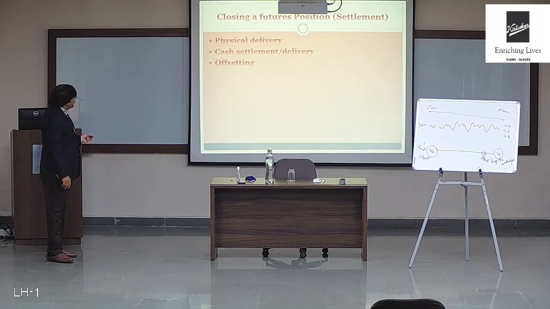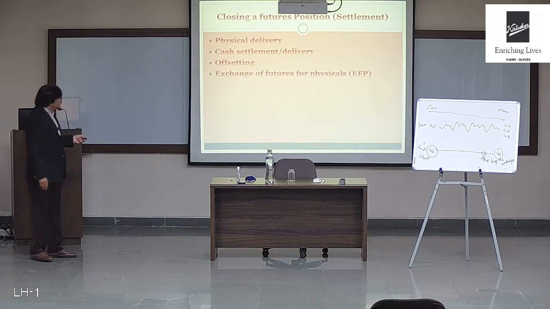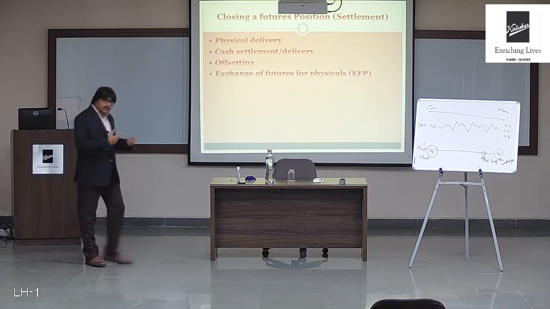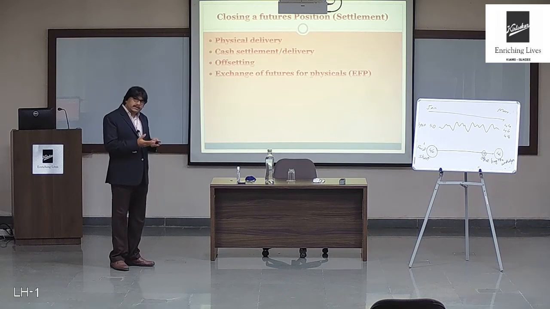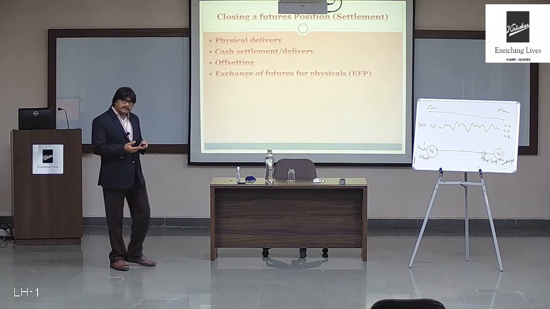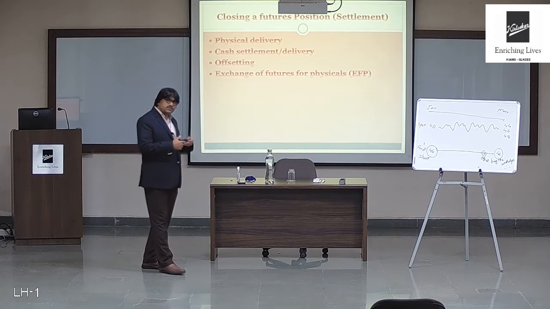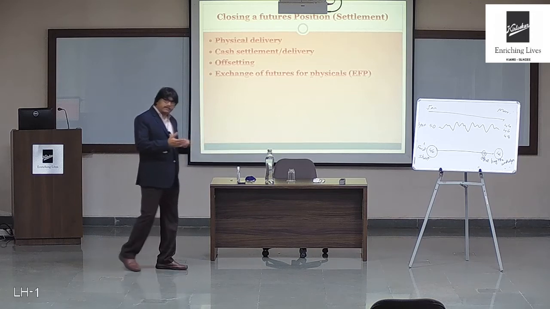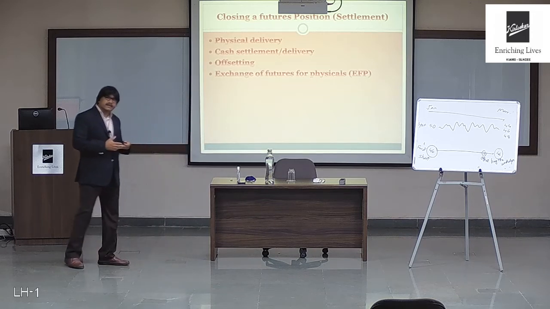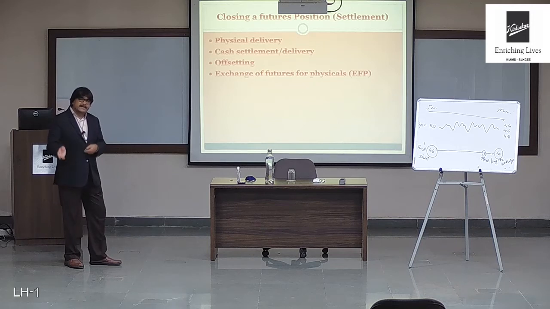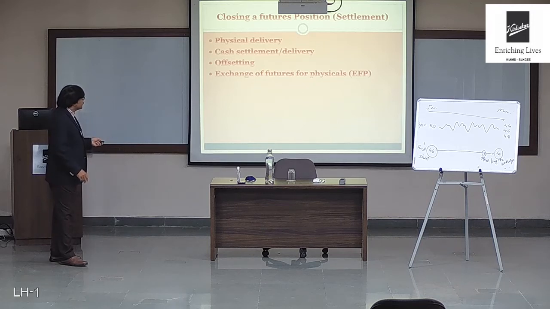Offsetting: you take the buying position in the beginning and the opposite at the end, and then that can be settled. Exchange of futures for physicals: before the actual delivery time, or when the expiry date comes very near, the parties involved in the forward contract come to know each other and settle the contract outside the exchange. Then it is called exchange of futures for physicals.